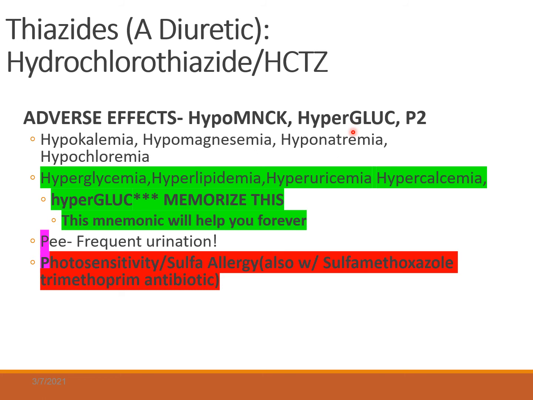Hypergluc is hyperglycemia, hyperlipidemia, hyperuricemia, and hypercalcemia. And what is P2? P2 is peeing and photosensitivity, along with sulfa allergy. Now, sulfa allergy is also seen with the sulfamethoxazole trimethoprim antibiotic.